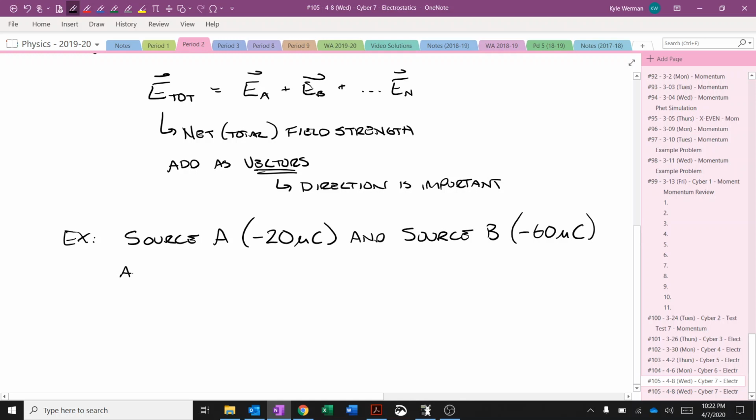And those two balloons are 50 centimeters apart.